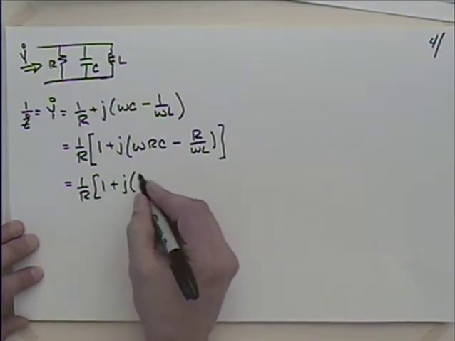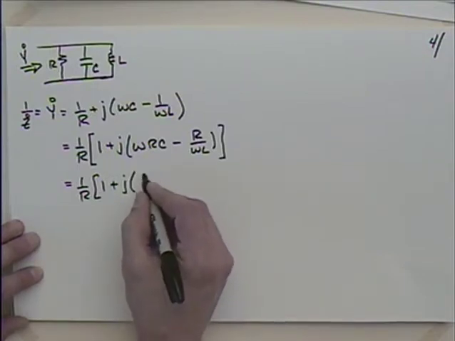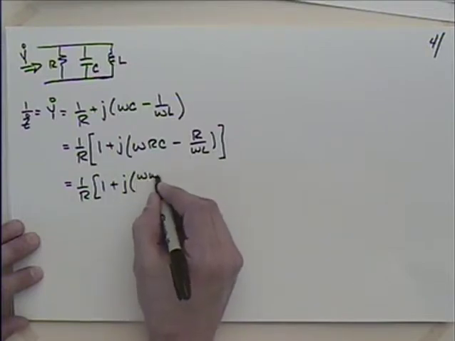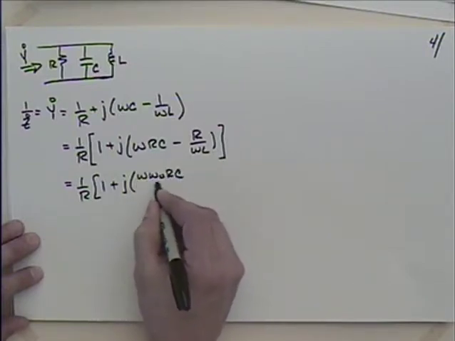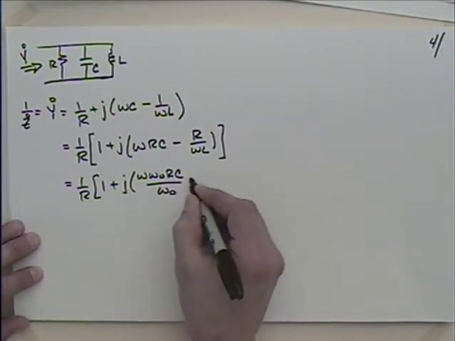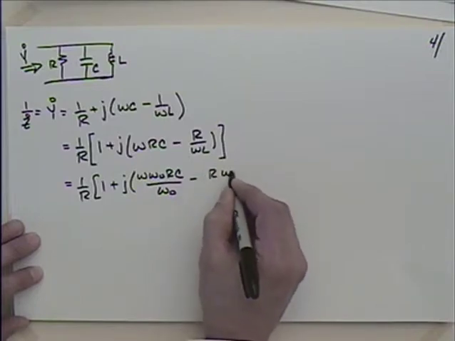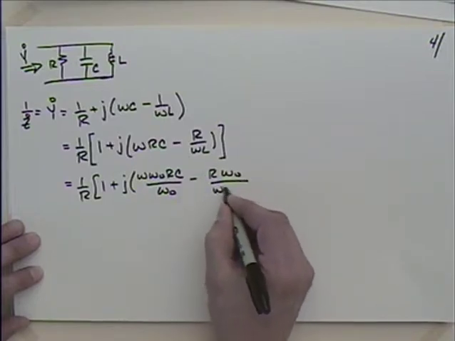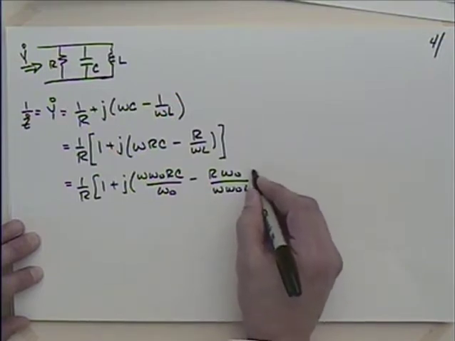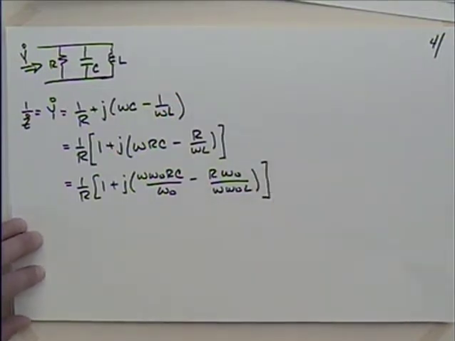Speaking of wondering why we do this, I'll multiply top and bottom by omega naught. So I have omega times omega naught RC divided by omega naught, minus, and again multiplying top and bottom by omega naught, R omega naught divided by omega times omega naught times L. Can I just multiply something by omega over omega naught? Yeah, omega over omega naught is 1. You can multiply anything by 1, right? We'll spend most of next term multiplying by these funny looking 1s.